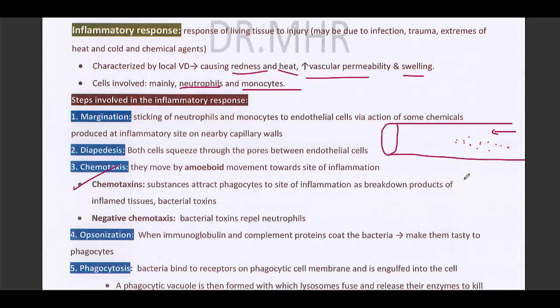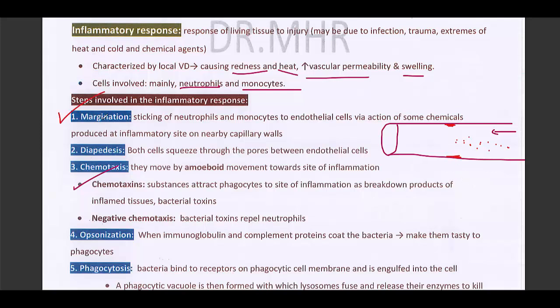When there is inflammation at any site, the white blood cells, the neutrophils and monocytes, these immunity cells, will become slower and go to the peripheral sites.